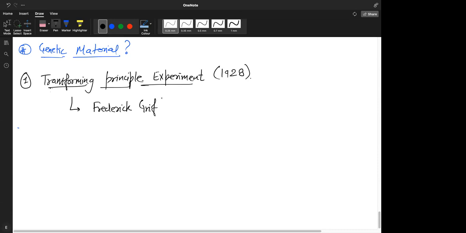Now what Frederick Griffith did was, he was the first one to figure out that something can be transferred from one organism to another, or one cell to another, which can lead to a change in the physical form of the other cell.